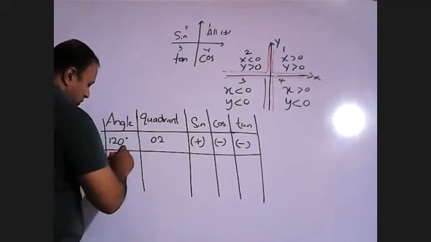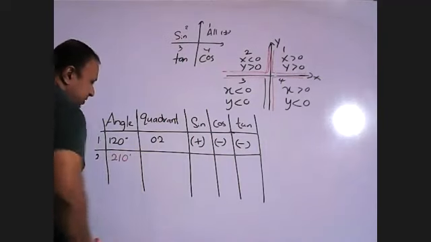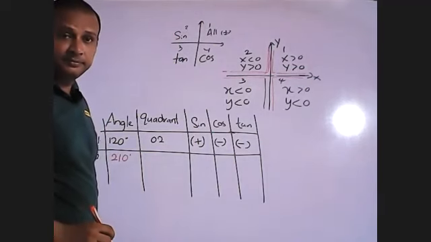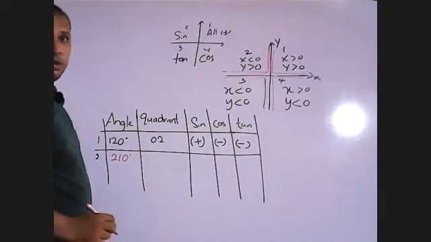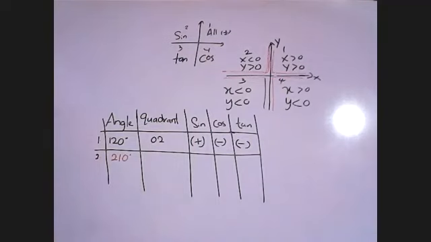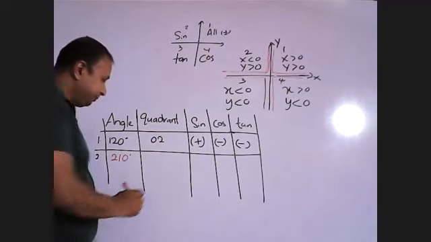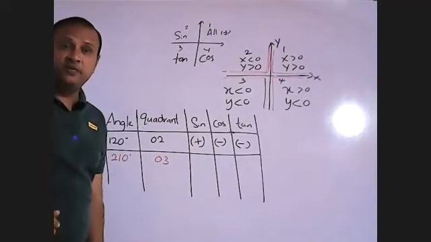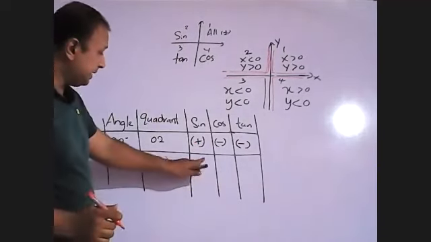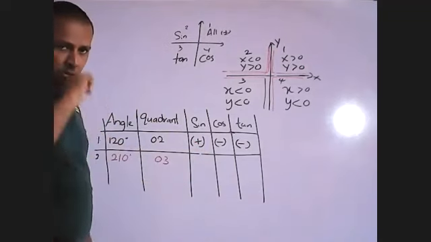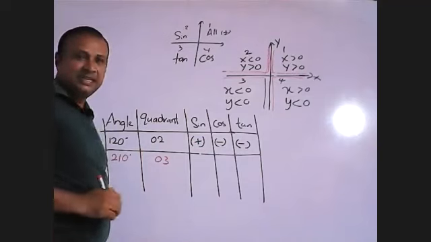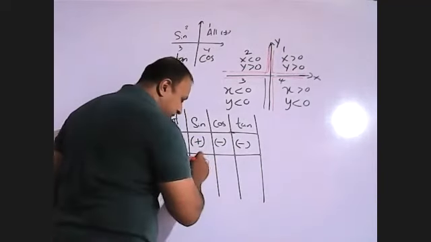What is the quadrant of 210? Yes, the third quadrant. So what are the signs of sine, cos, tan? Sine is negative.